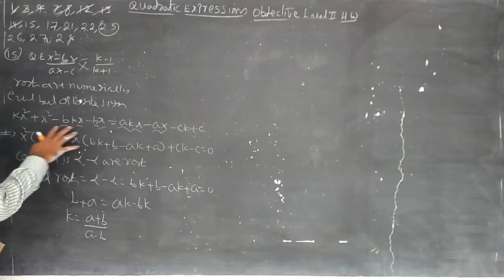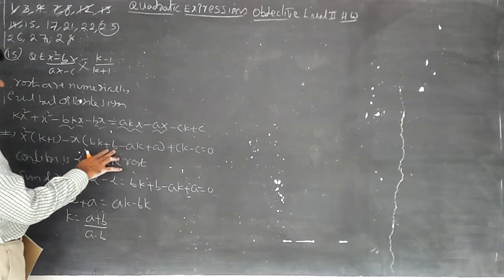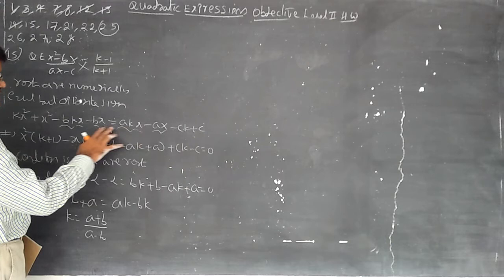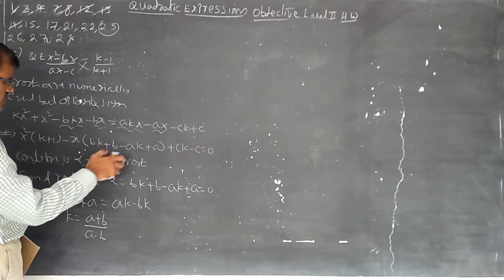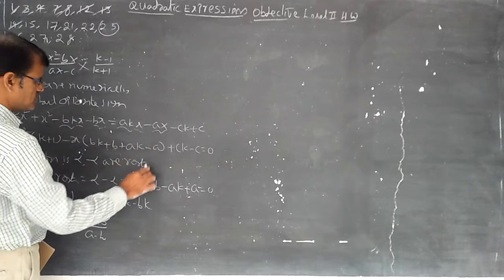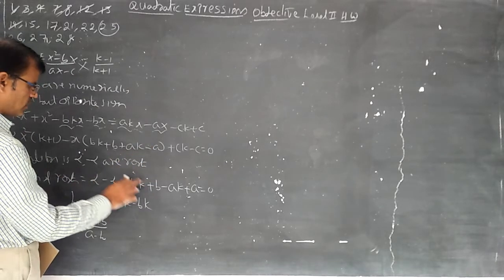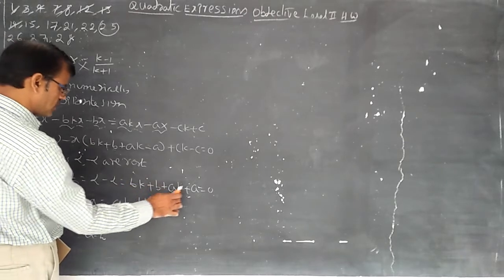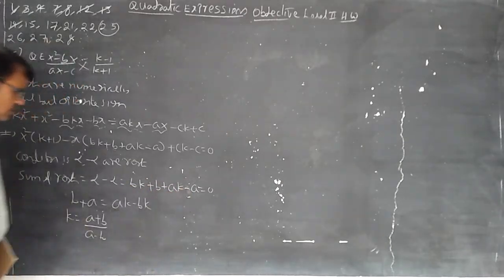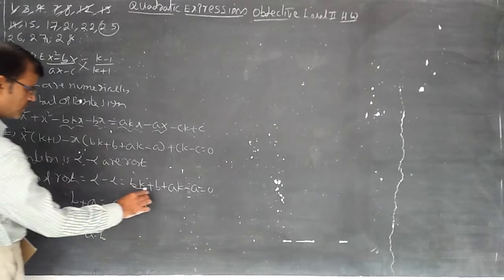Just now let us verify. Minus x taken common, bk plus b taken common, minus taken common becomes plus. This is the mistake. Minus b can come. Now bk plus b plus ak minus a, the sum of roots alpha minus alpha is equal to 0.